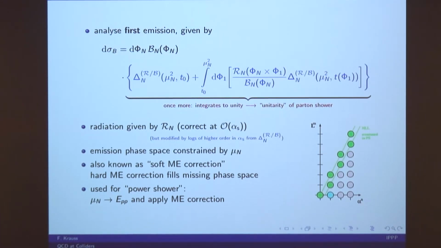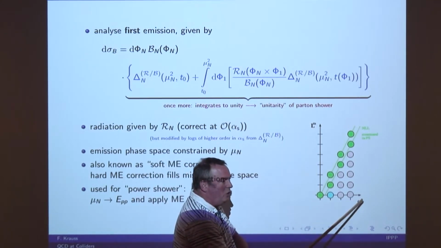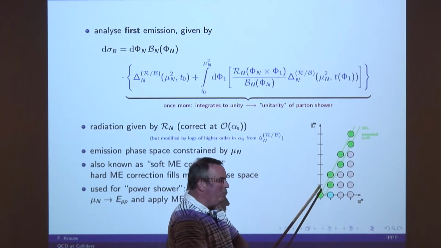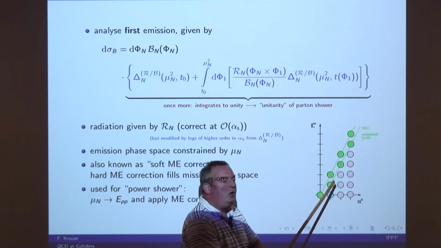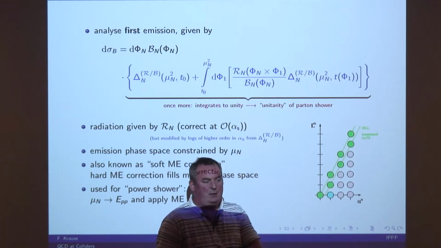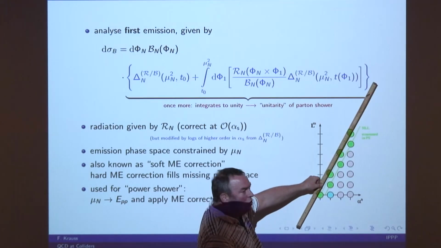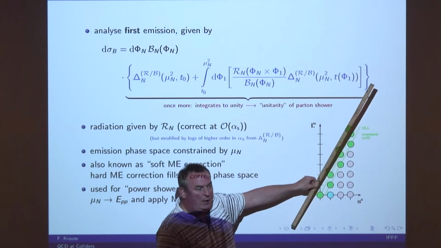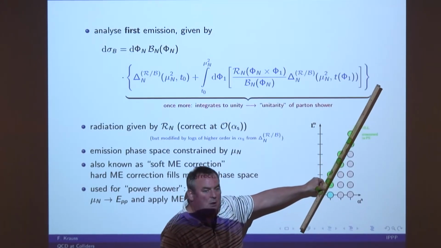So what I achieved with this is the following. In my language of alphas and logs, I know that for every emission I have 2 logarithms. My parton shower to some degree gets 1, maybe 2 logarithms right. Judgment is out. So the parton shower in terms of emission pattern gets the green terms right, more or less.